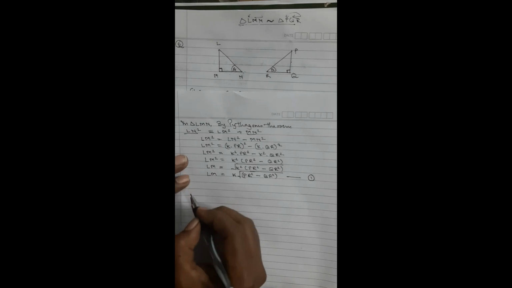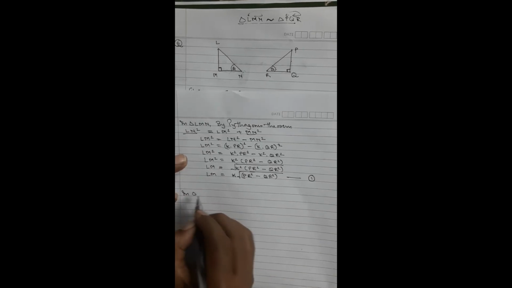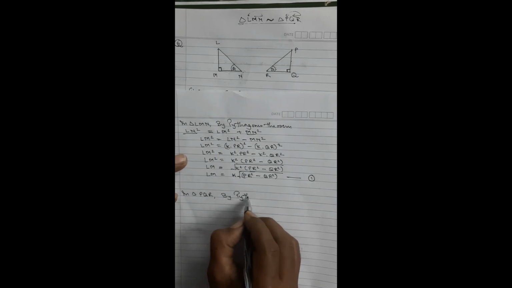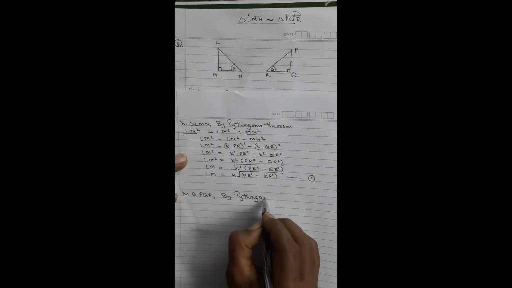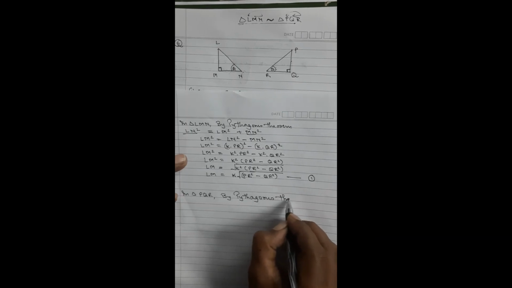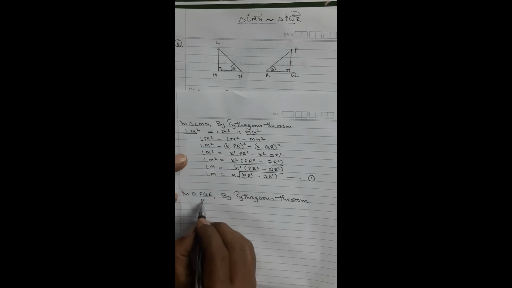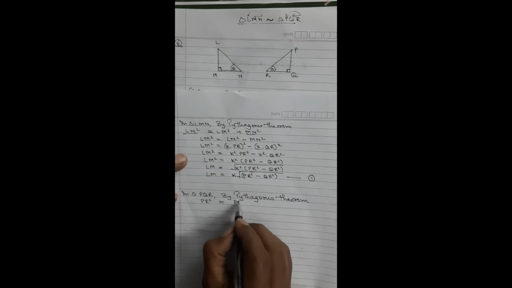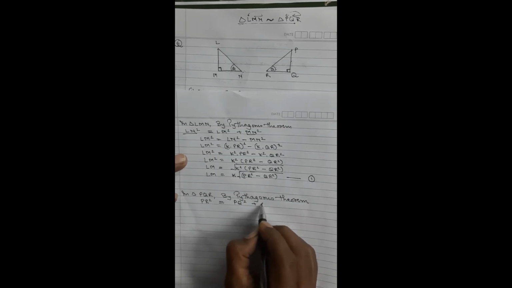And I will similarly find the value of PQ in triangle PQR. PR square is equal to PQ square plus QR square.